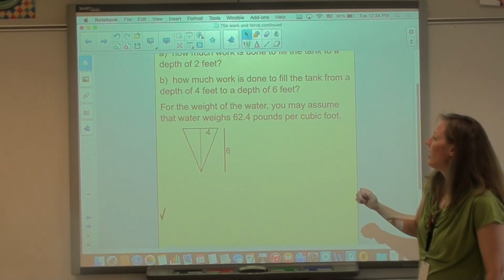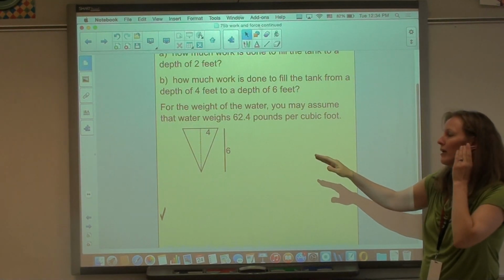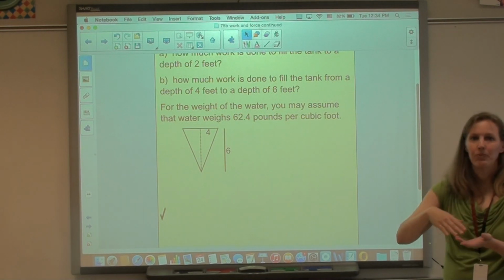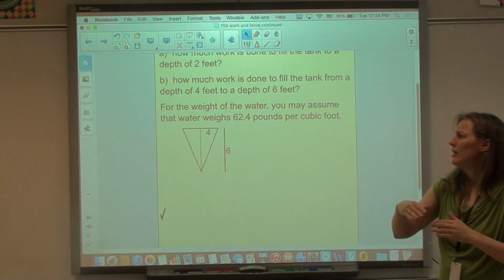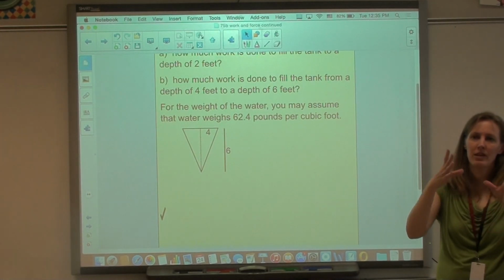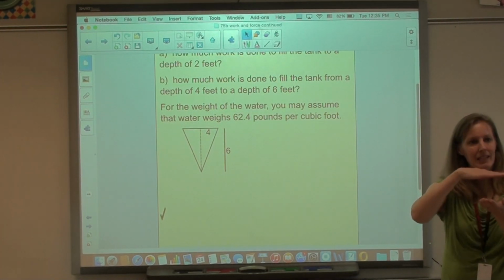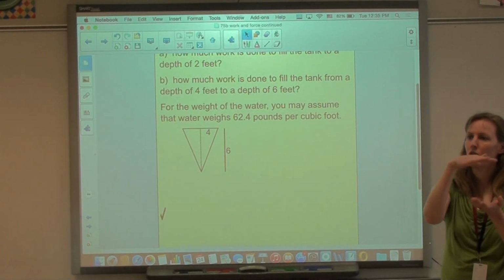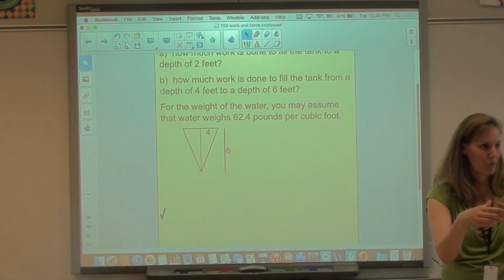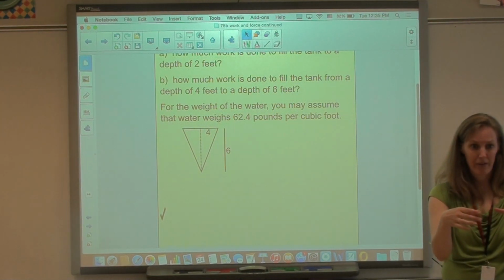So anyway, the first thing we have to do is figure out the weight of our water for any given y value. And the way that we do that is we're going to take the container and slice it into little teeny cross sections, and we're going to add all those cross sections times the weight per pound per cubic foot together.